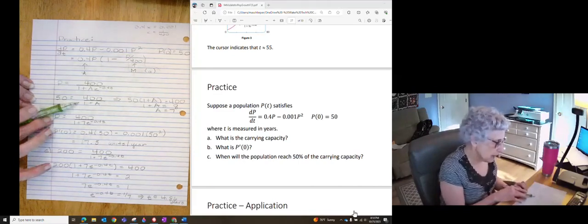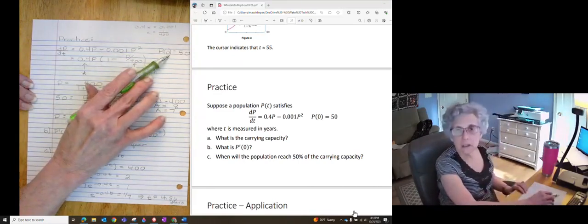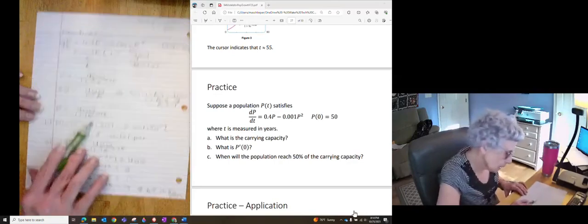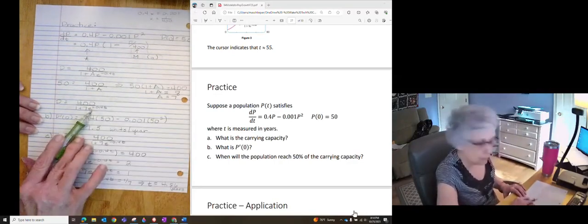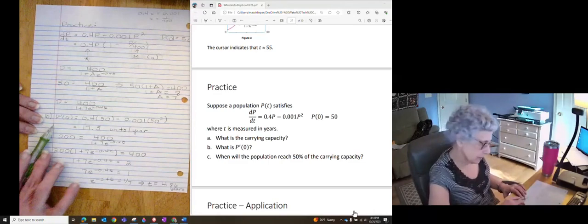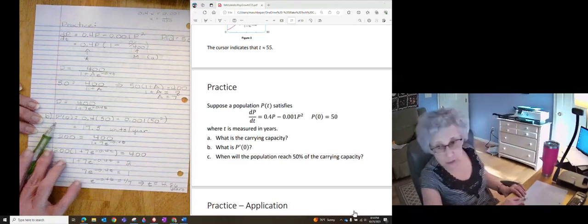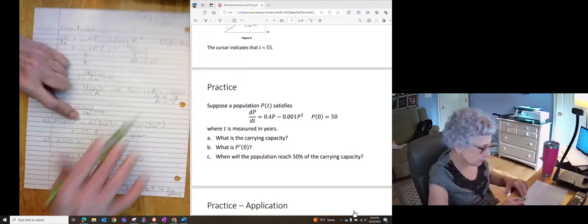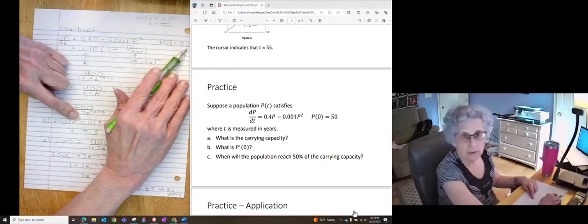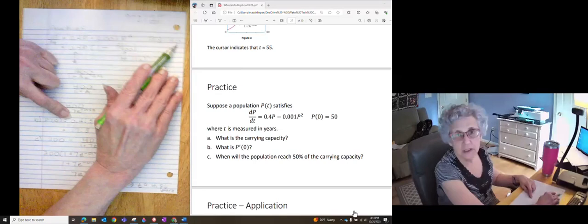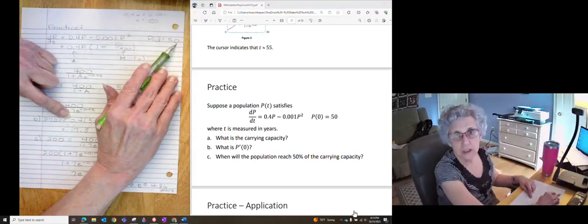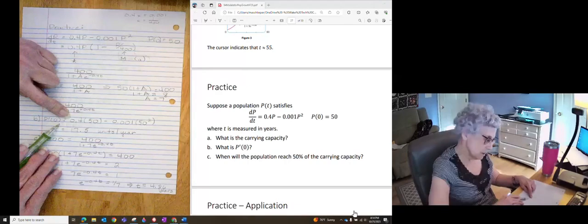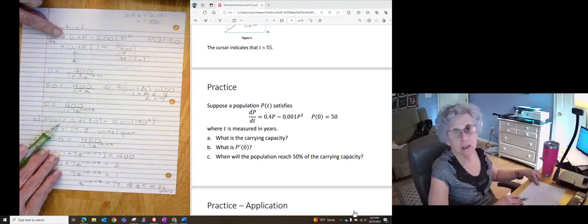I computed my A by looking at the initial value, the initial population of 50, and I went ahead and solved. Then I answered, what is the derivative at time 0? At time 0, population is 50, and when the population is 50, the derivative, I just plugged 50 into my function for the derivative. Easy enough.